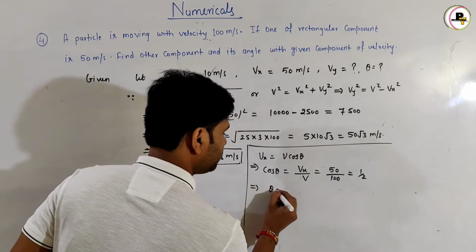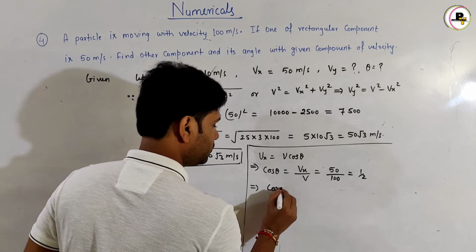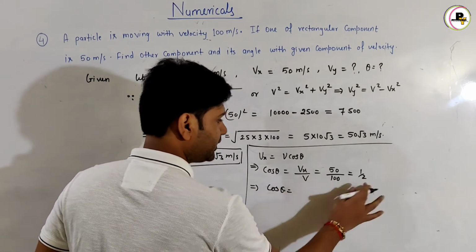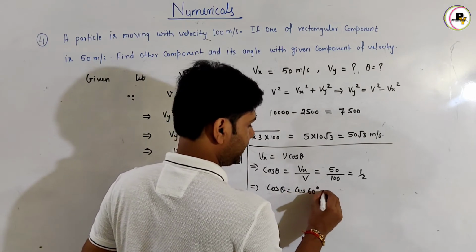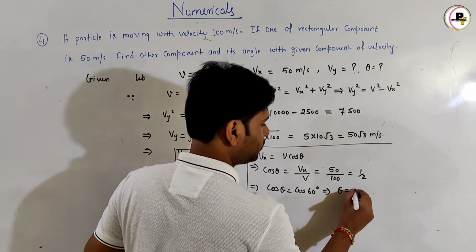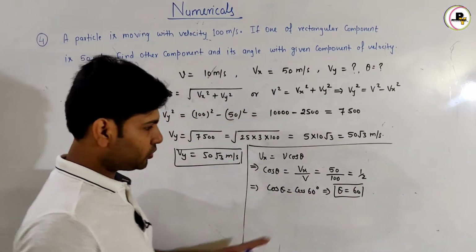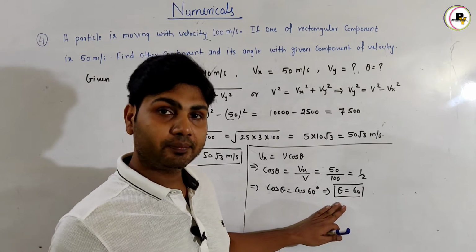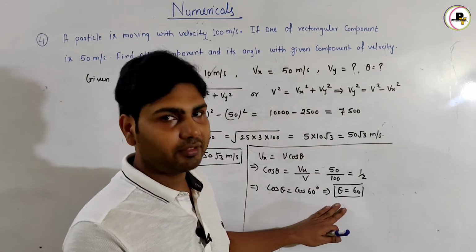Therefore cos theta is equal to cos 60 degree, and therefore theta is equal to 60 degree. So this is the angle made by the resultant velocity with the x-axis, or with the component vx.